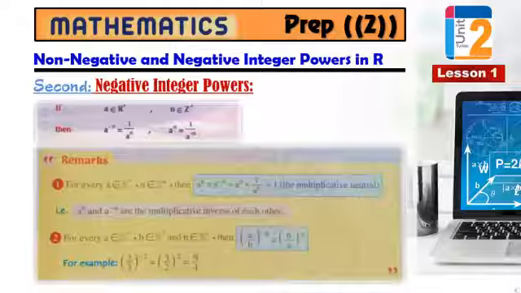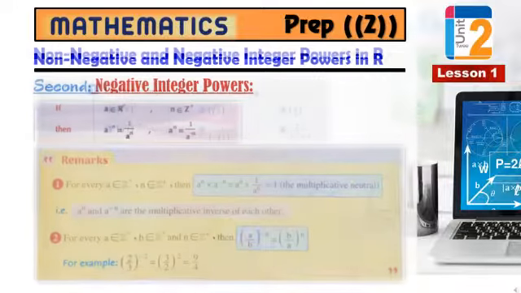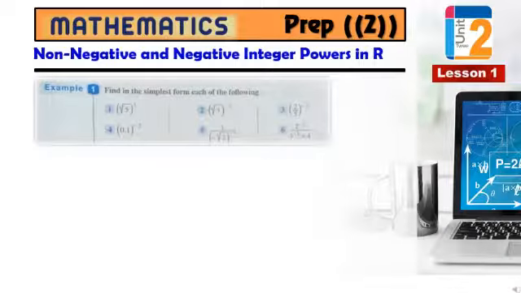This is to explain what we talked about. But we must note that a to the power n and a to the power negative n are the multiplicative inverse of each other. It means a to the power n times a to the power negative n equals 1.